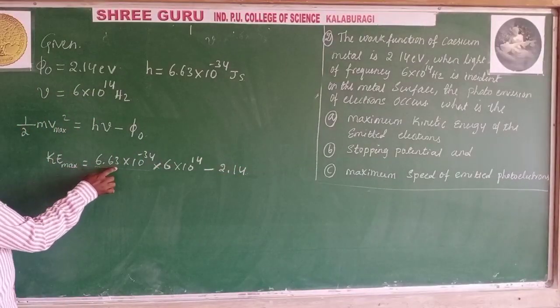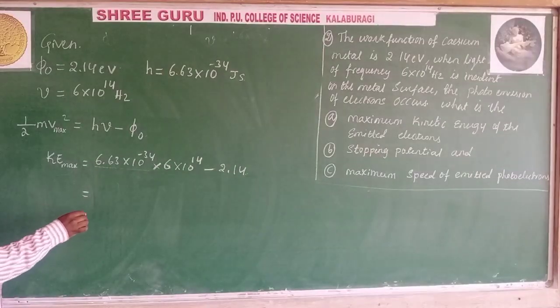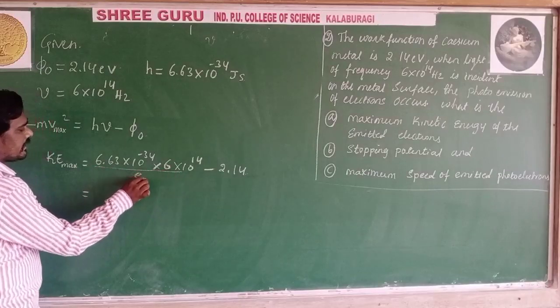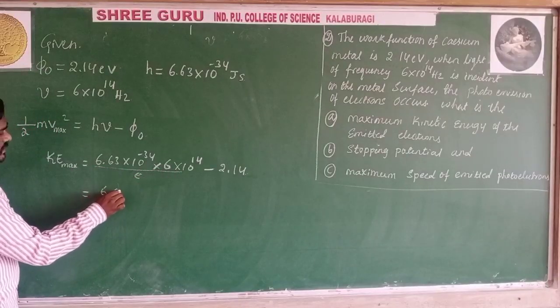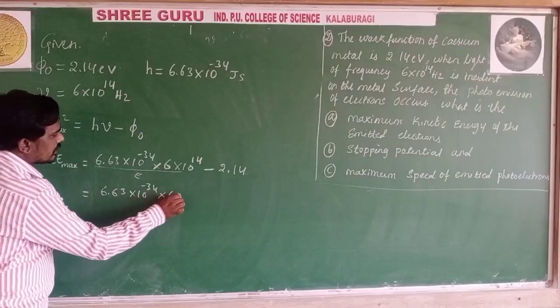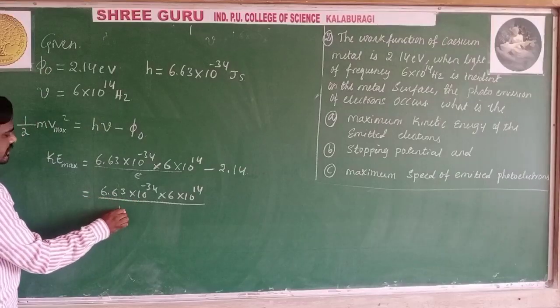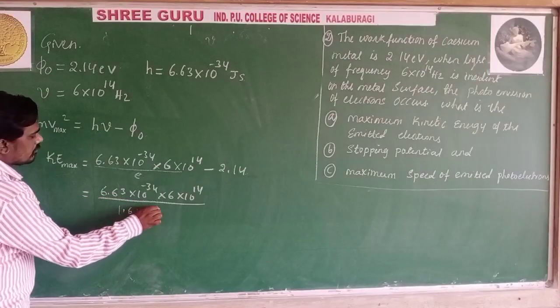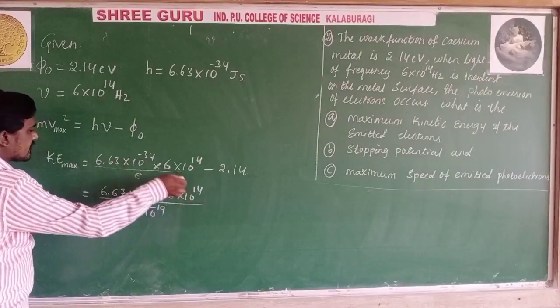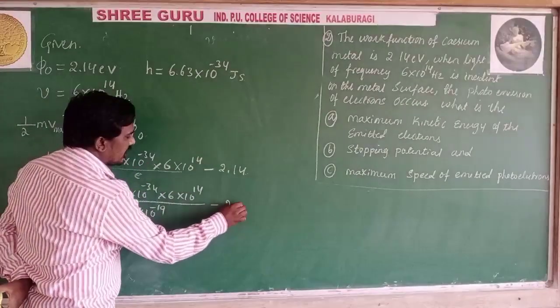How to convert this in terms of electron volt? You divide by the charge value e. That is 6.63 × 10^-34 × 6 × 10^14, divided by the charge value, that is 1.6 × 10^-19. Now this is converted to electron volt, and the work function is already in electron volt.